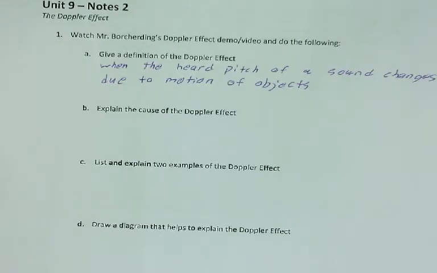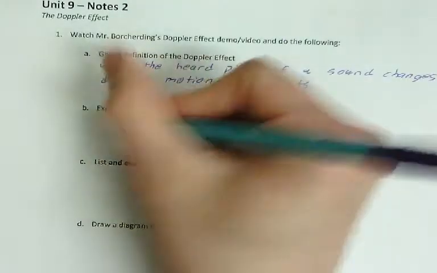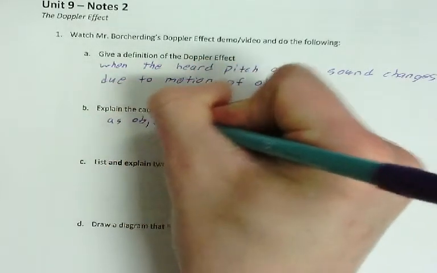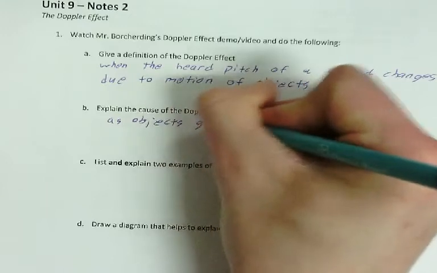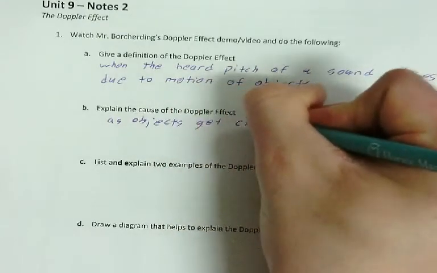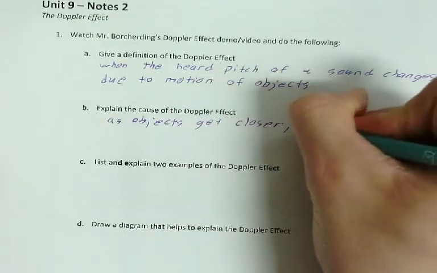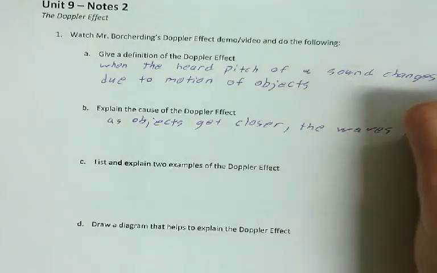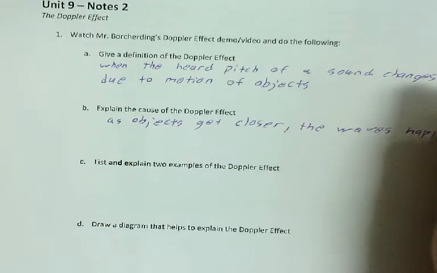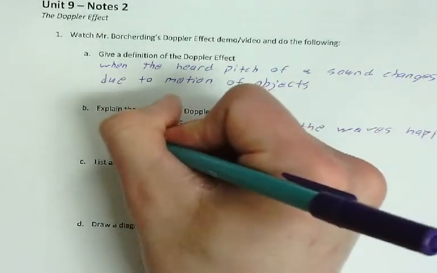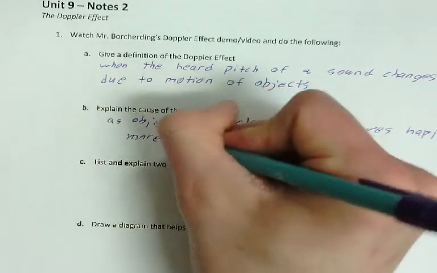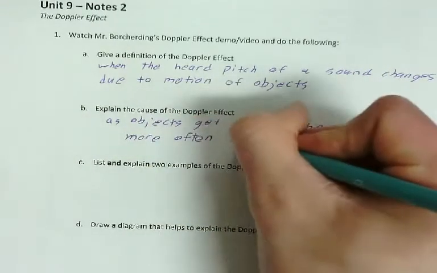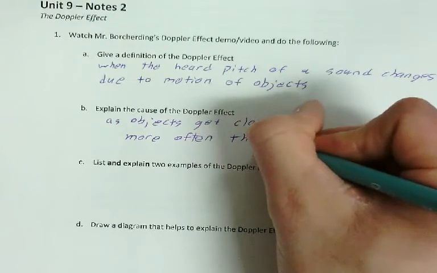All right, so explain the cause of the Doppler effect. So as objects get closer, the waves happen more often than they should.